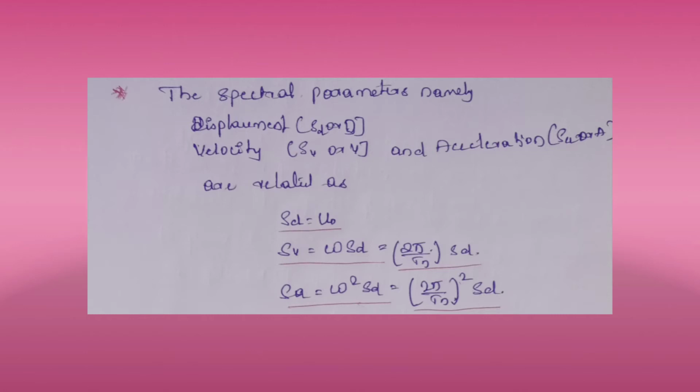You already know the value of omega is 2 pi by Tn, so SV = (2 pi by Tn) times SD. Similarly, for acceleration, SA = omega square times SD = (2 pi by Tn) square times SD. As the three spectral quantities are related, the three individual response spectra are simply different ways of representing the same information on structural response.